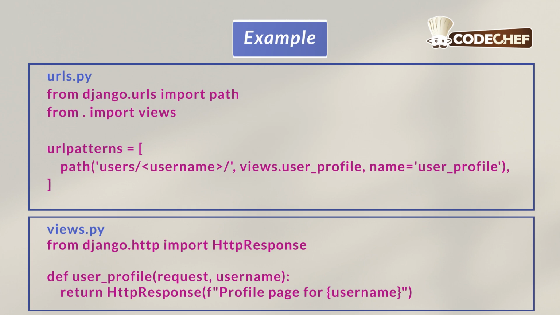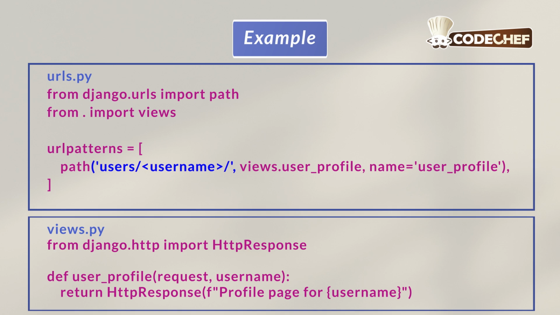Here in this example, we have a code snippet from the urls.py file of our project and a code snippet from the views.py file of the same project. In the urls.py file, we have the URL patterns like this. In the path, we can type users followed by a username variable.